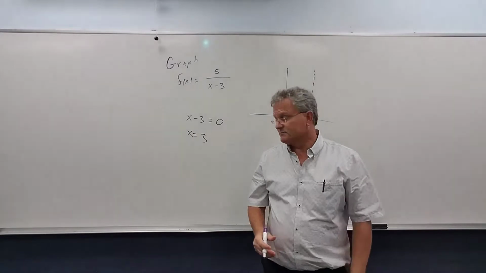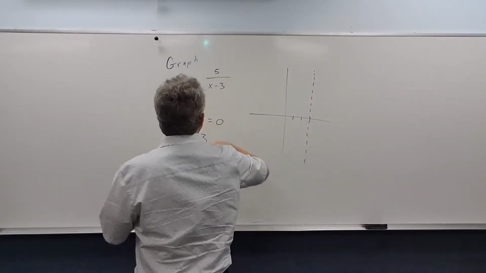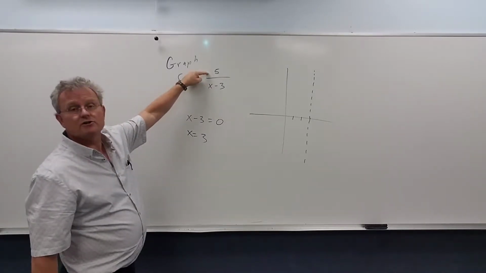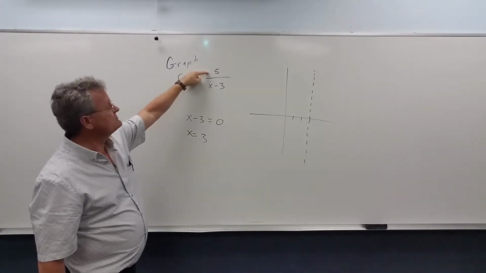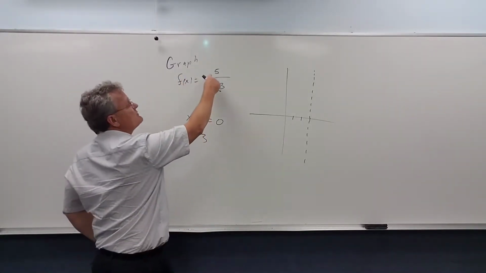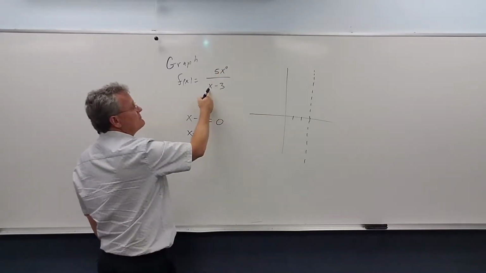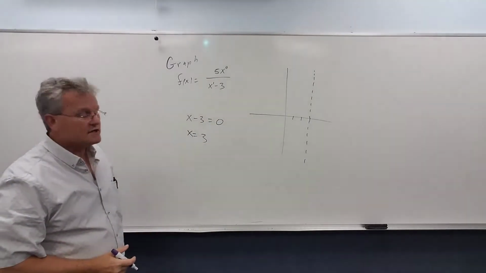So when x gets really big, we covered this in an earlier video, when the degree in the denominator is larger than the degree in the numerator, the degree in the numerator is really 0, because we could think of this as 5x to the 0. The degree in the denominator is 1, because x to the 1 is x.